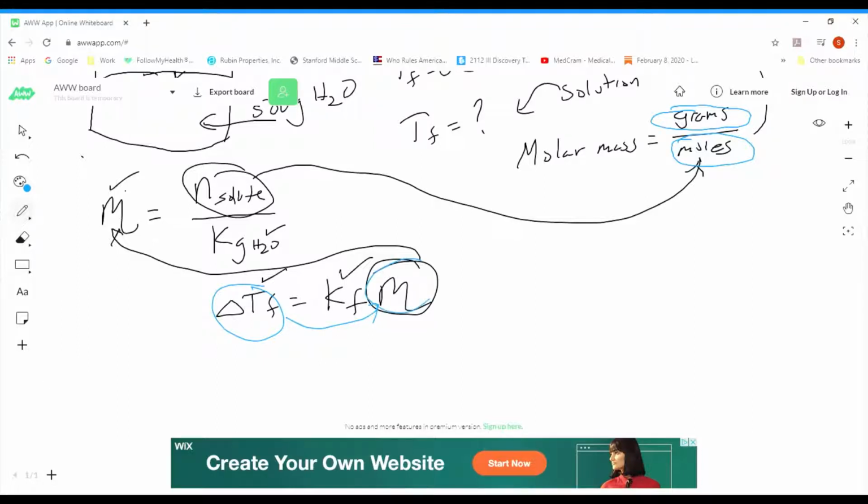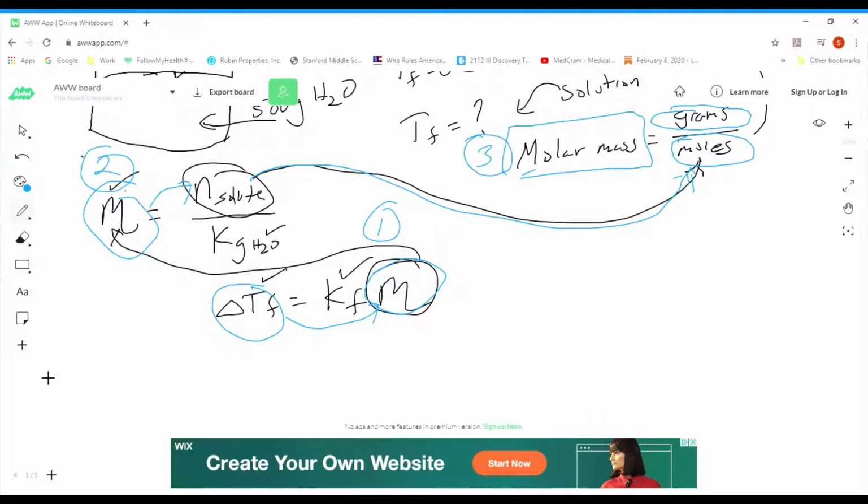Then once we have this, you plug it into here. This will help us get this. And then once you have this, you plug that into the moles over here. And this, along with the grams over here, helps us get molar mass, which is what we're looking for. So let's do that. We're going to start off with this equation first, work backwards, then this equation, and then this equation. So 1, 2, and 3.